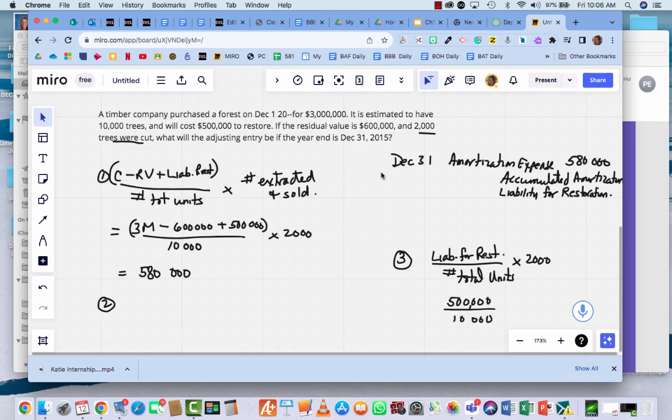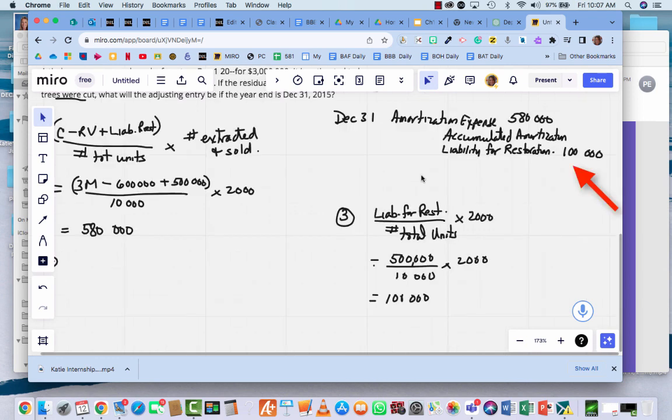Divide that by 10,000, times that by 2,000, and I calculated $100,000. So that's going to go right here in our journal entry. Okay. Now, we could just do the math. We could subtract that $100,000 from the $580,000, which should give us $480,000. Because our credits must equal our debits.